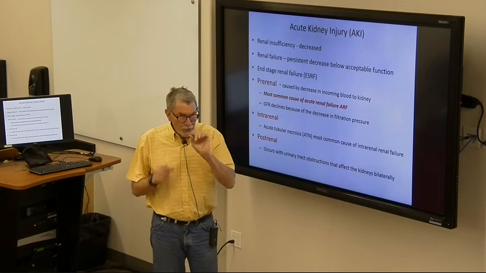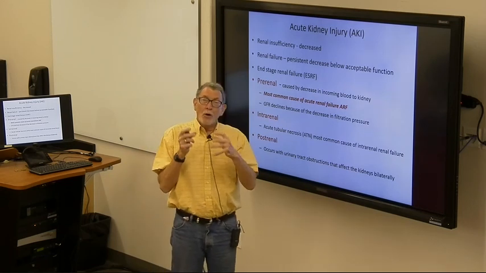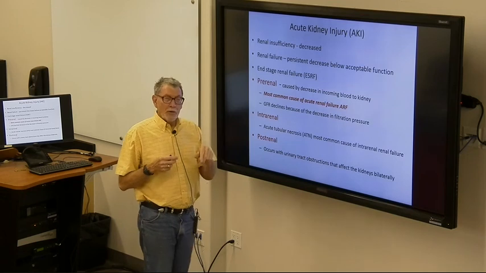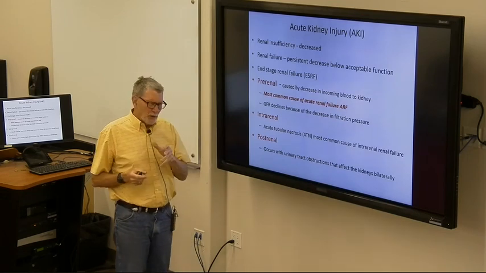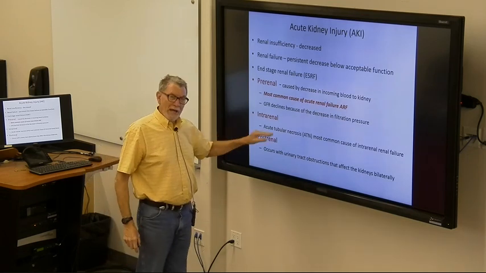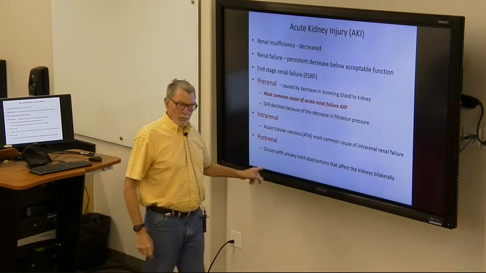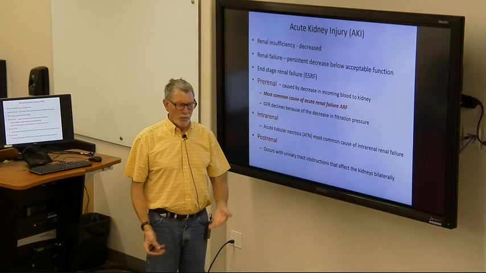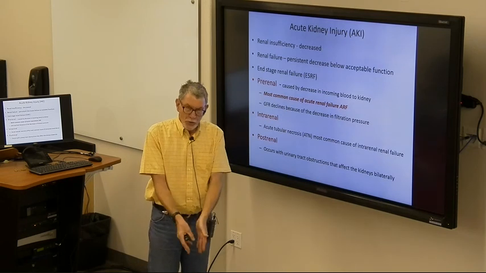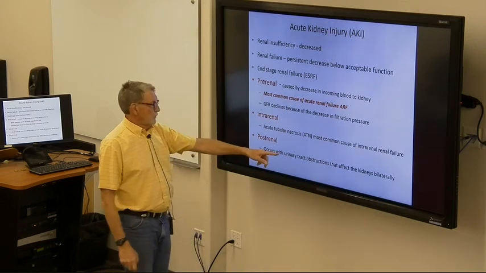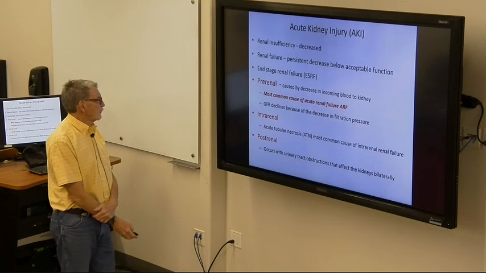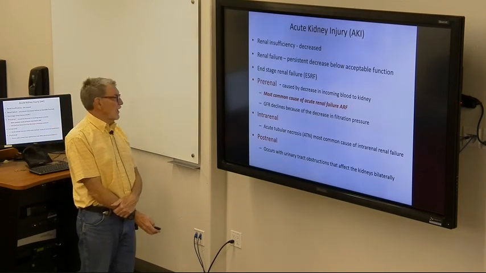So the blood vessels inside the kidney or inside the glomerulus, the glomerular capillary beds or whatever, are damaged or diseased. Post-renal problems are the outflow, the renal pelvis, the ureters, the bladder, obstructions generally.